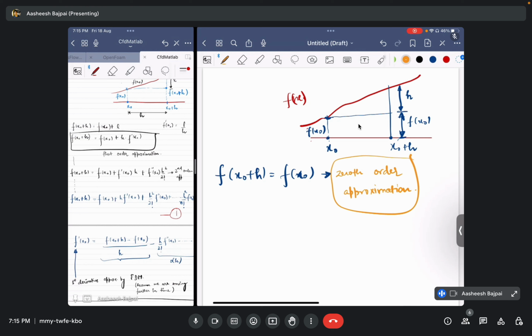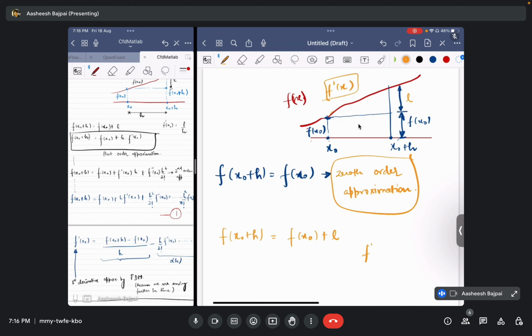So the reality, or close to reality, is more than that: f(x naught) plus L. So this is L, f(x naught) plus L. What would this L be? Suppose f dash x is the derivative of this function.